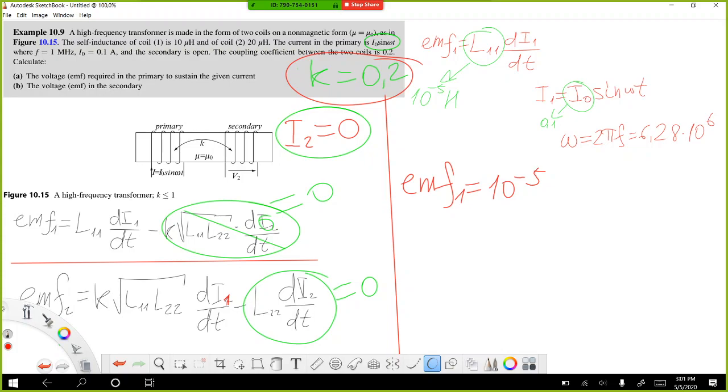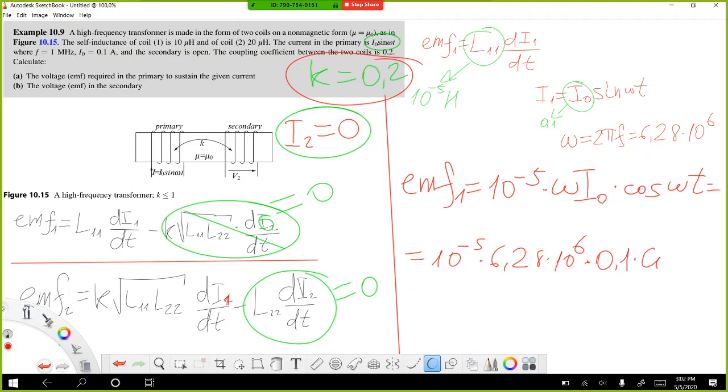If we take the derivative of I1 with respect to time, we get omega multiplied by I0 multiplied by cosine omega t, which is equal to 10 to the minus 5 multiplied by omega, which we found as 6.28 times 10 to the 6, I0 is given as 0.1, cosine omega t.